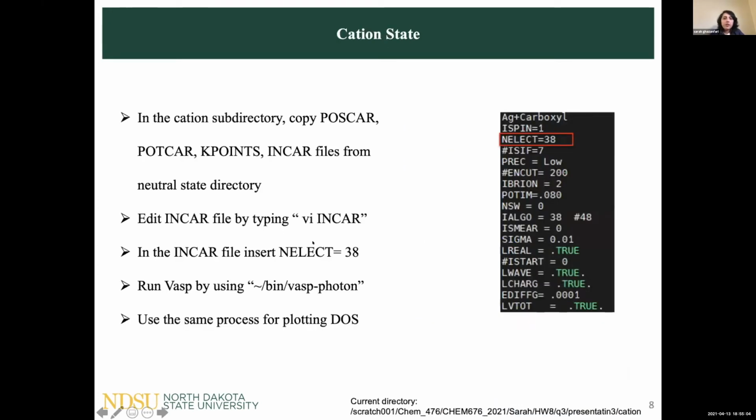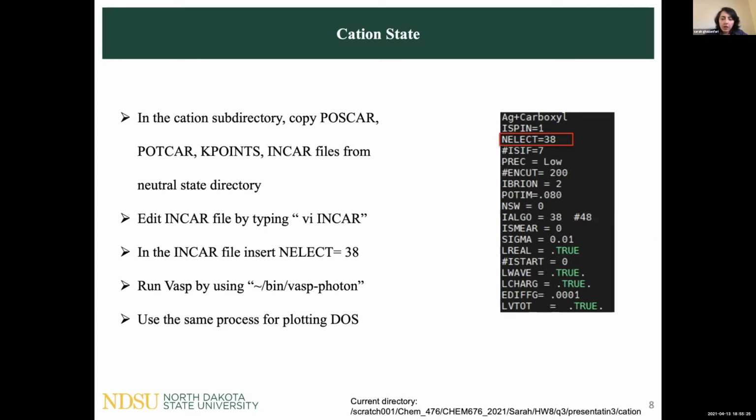For the cation state, we have the same process as for the anion. However, in the INCAR file, we should decrease the number of electrons. In this case, I decreased the number of electrons from 40 to 38 to make it a cation.